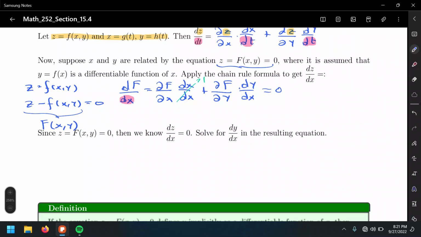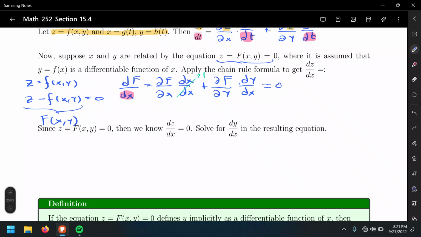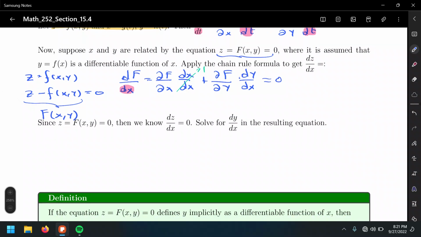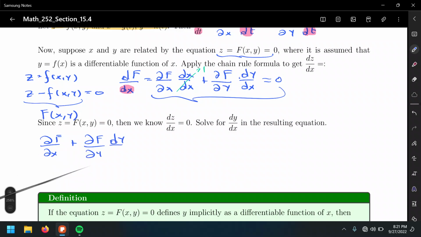And so from here we get that, okay, I'm going to continue here. I'm going to focus on this side. So partial f with respect to x times 1 plus partial f with respect to y times dy dx. But isn't it that we are finding a formula for dy dx? That's our ultimate goal, right?